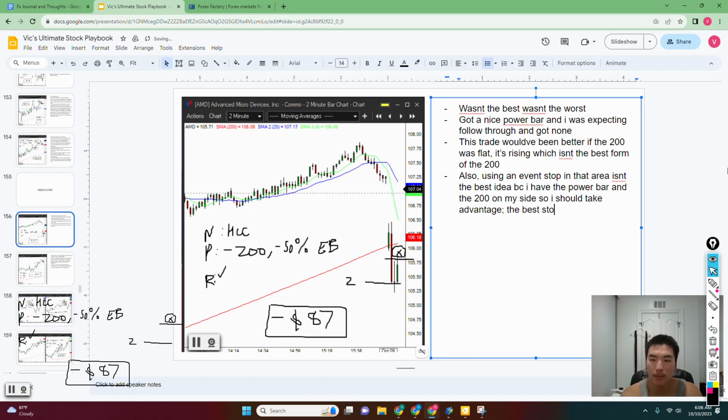The best stop would have been above the big bar, so it probably should have been a one lot trade with the max stop, with an event stop above the big bar, big red bar.